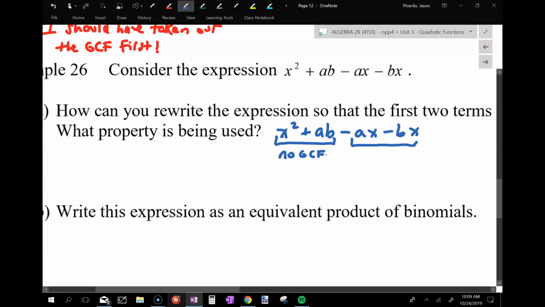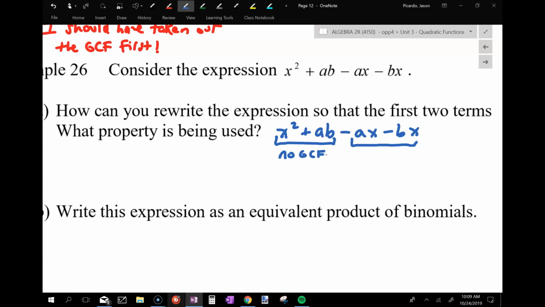There's no GCF here. So my question is this. I don't know. Jameson, what do you think? I'm wondering if somehow I can reorder things so that it does give me a GCF. You want to try to reorder this so that maybe I can get a GCF?